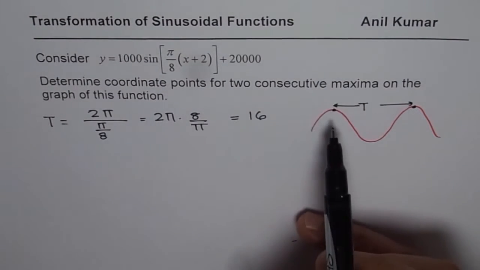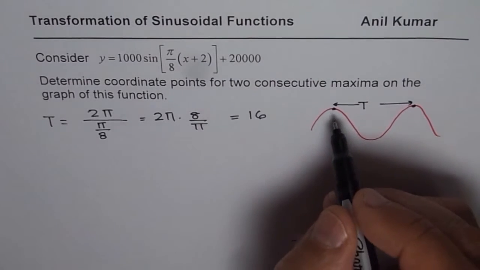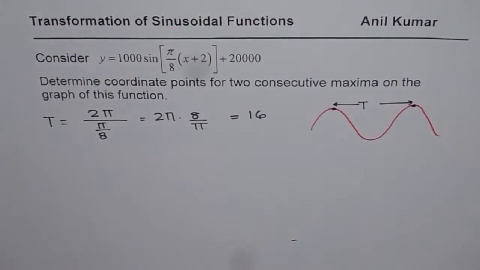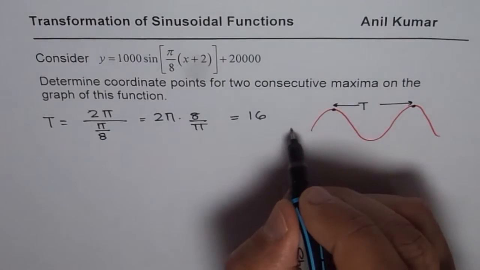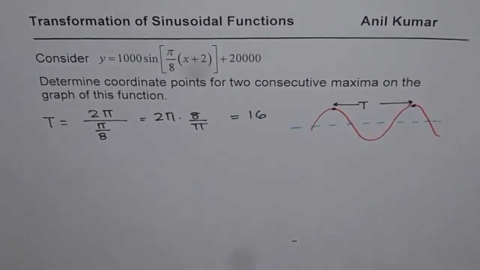Now let us try to find the value of the first maximum. As far as the value of the first maximum is concerned, what we are given here is that the axis is 20,000. So this axis is at y equals 20,000.